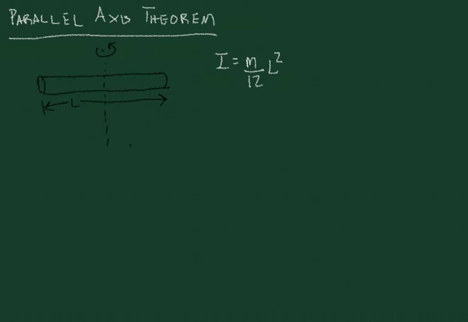Now, what happens instead if we decide that we want it to rotate about one of its ends? So we notice this is going to change the moment of inertia because now we're rotating around a different point. And first, let's think about why.